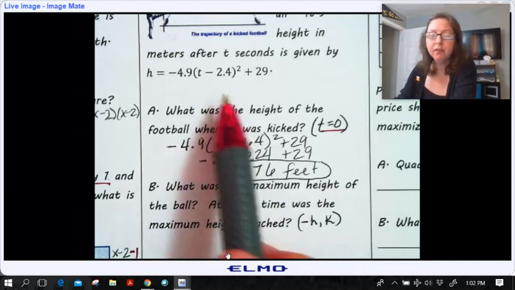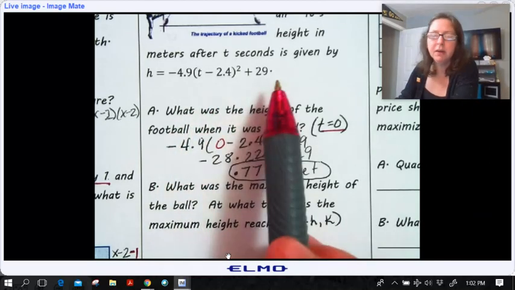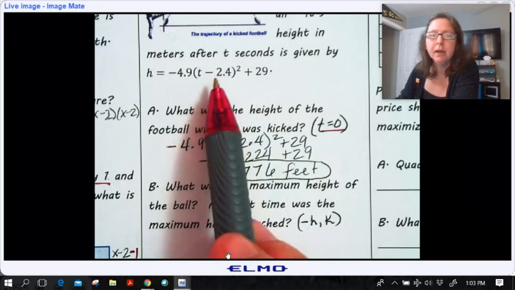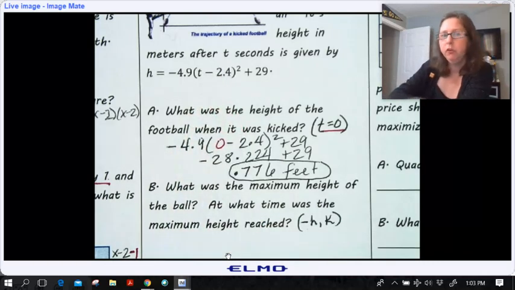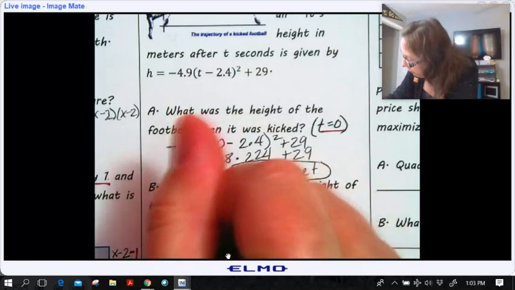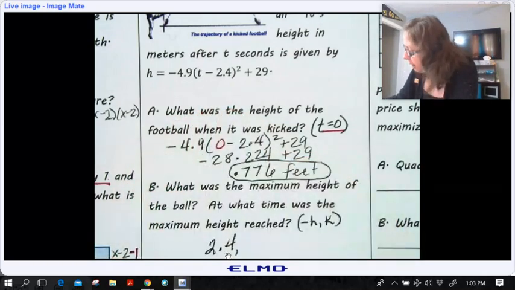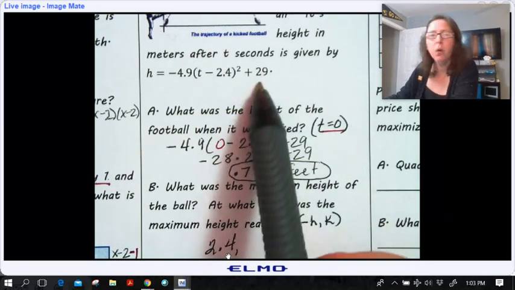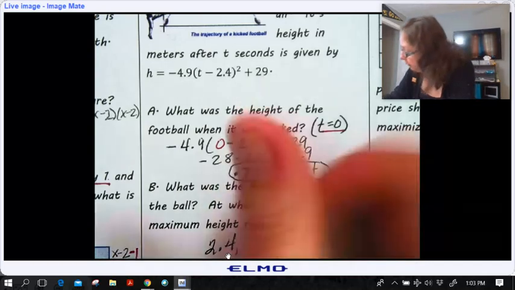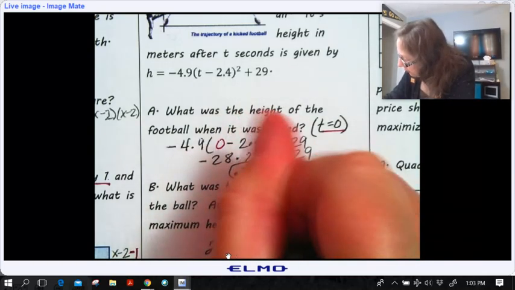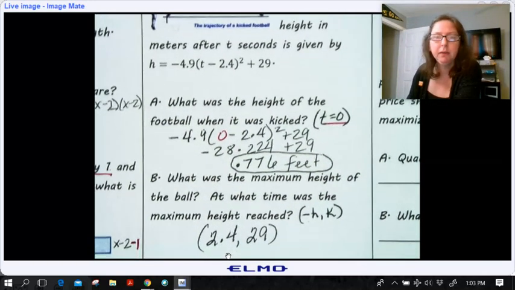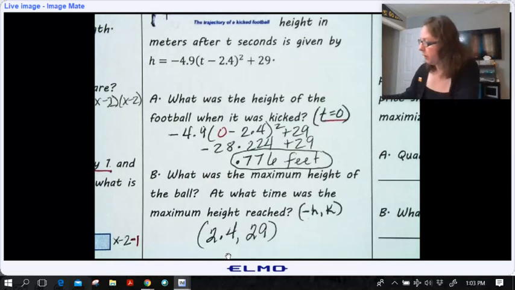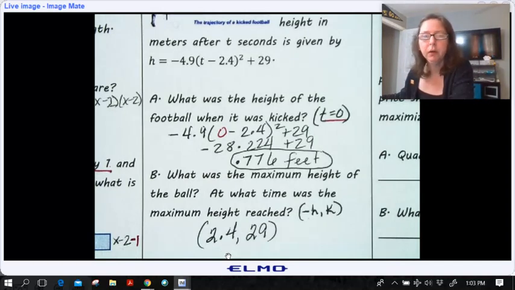Since I'm in vertex form, I can just look at this and identify the vertex. Negative 2.4, remember when I take this out of the parentheses, I change the sign. So it's going to be 2.4 comma, and then the y value is 29. Which is exactly what we got in that Desmos calculator when we looked at the maximum height.